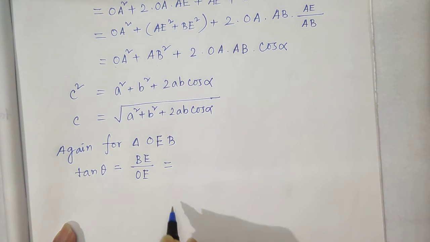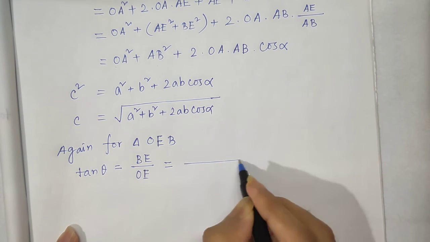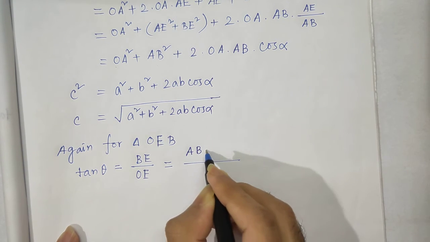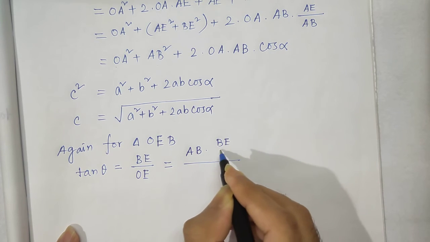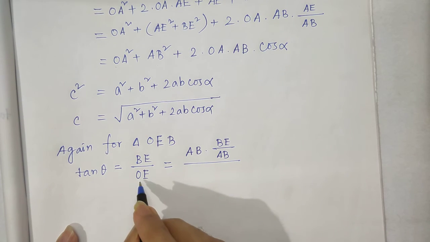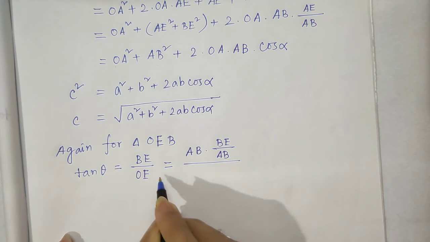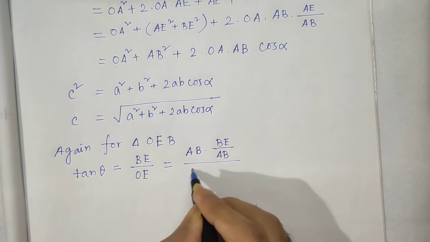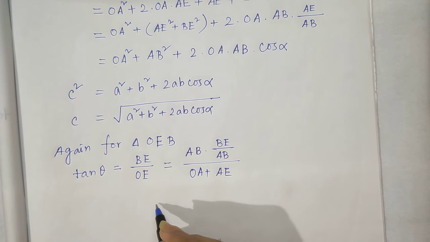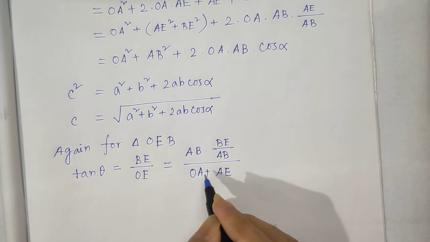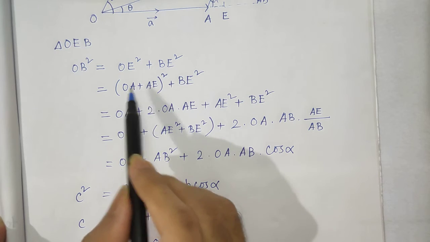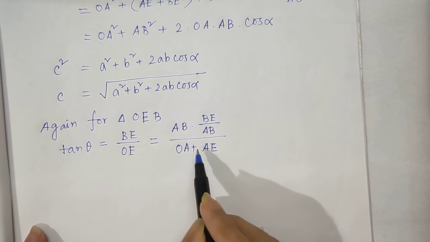Okay, now we have to calculate this. So what we can do is, for the BE part, AB into BE divided by AB, we can write this, and for this part OE, we can write OA plus AE, which we have done earlier when we were dealing with the OE square. Excellent.